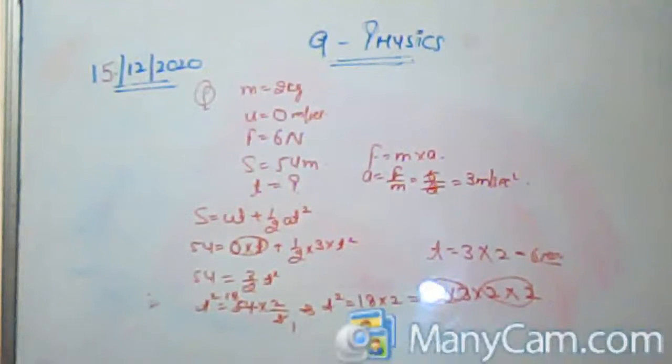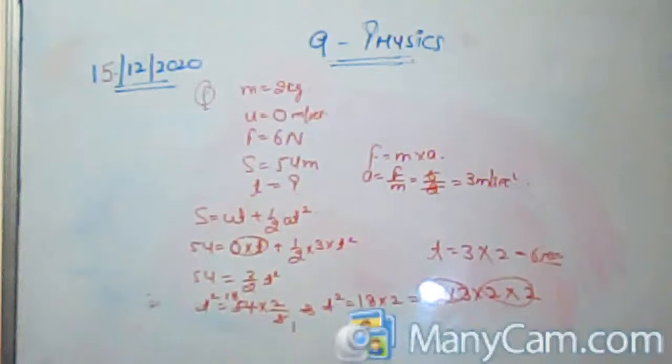Please write down. A 4 kilogram ball is thrown upward with a velocity of 20 meter per second.